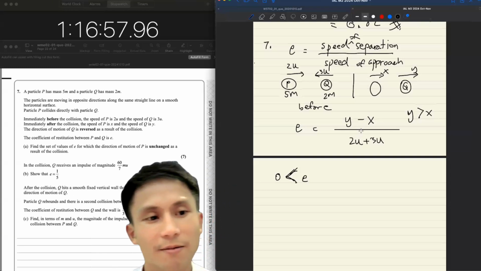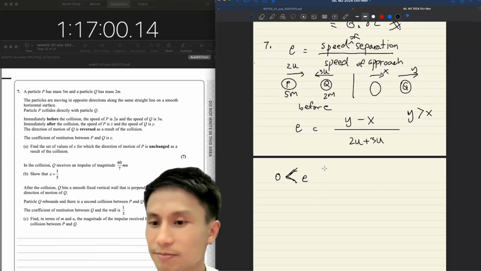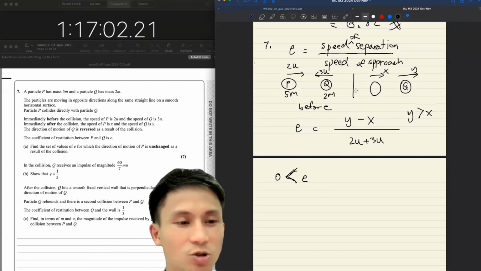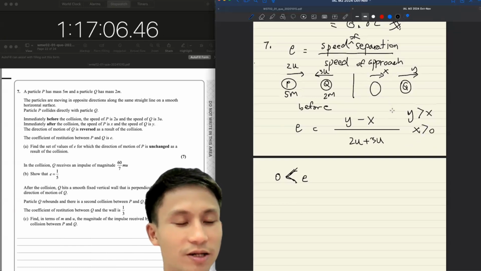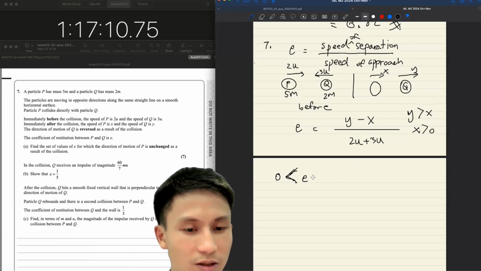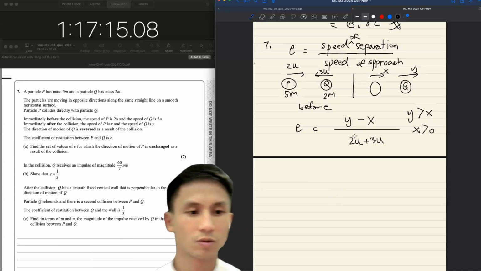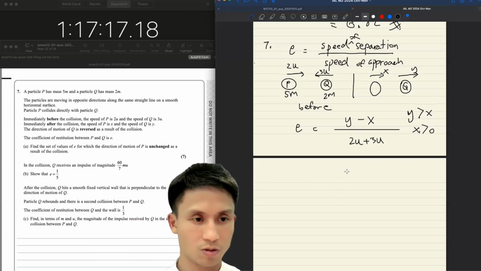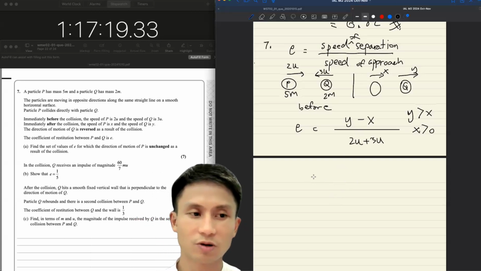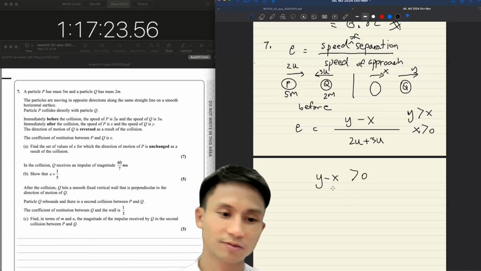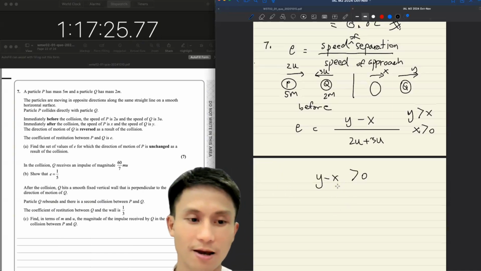If the direction of P is unchanged, x must be greater than 0 as well. If x is greater than 0 and y is greater than x, then y minus x would be greater than 0, right?